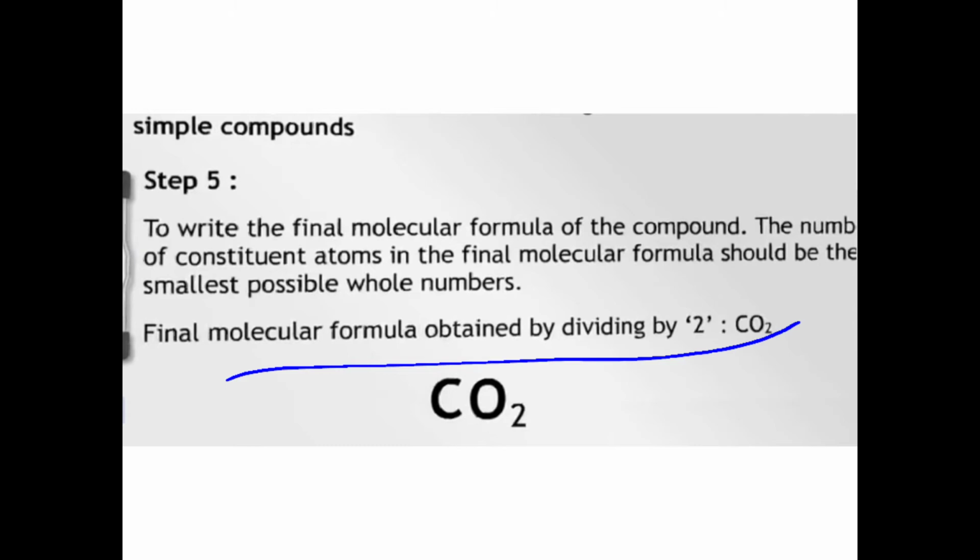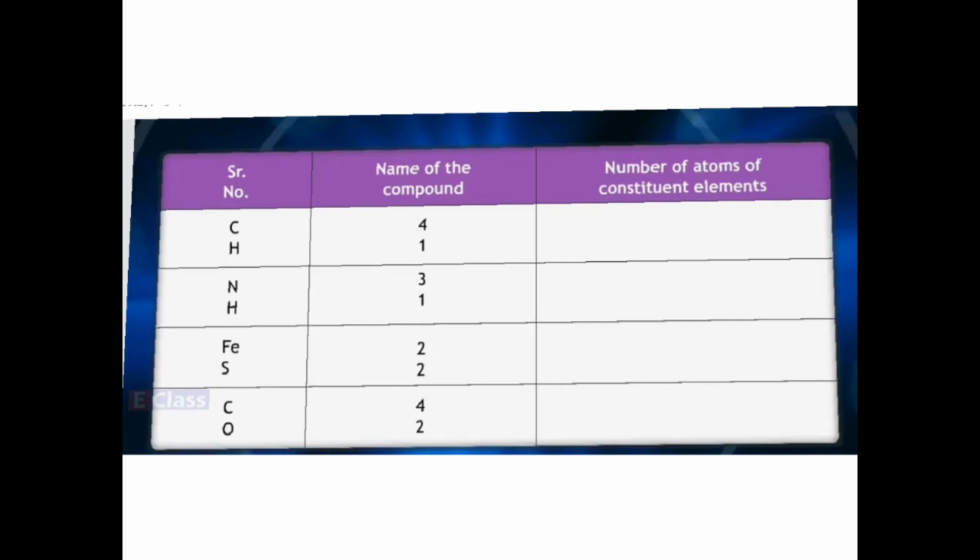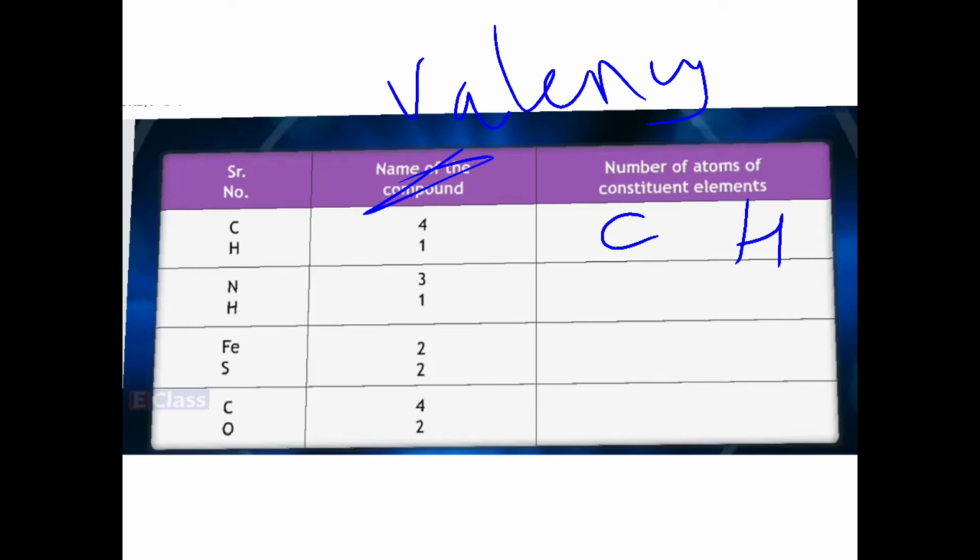Let us take one more example, children, and practice. Valency of carbon is 4 and of hydrogen 1. What is the first step? Write down carbon and hydrogen. What is the second step? Write the valency below it.